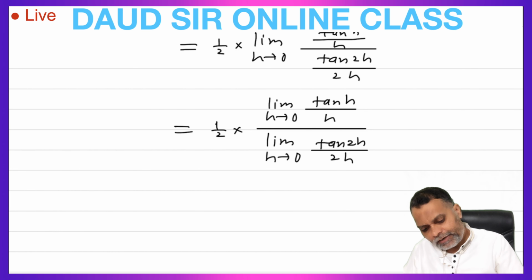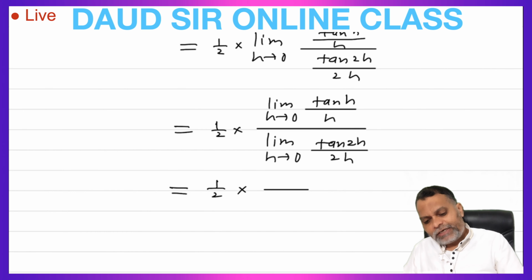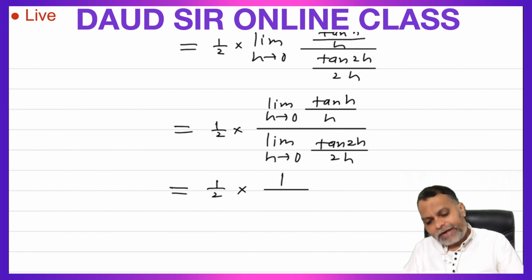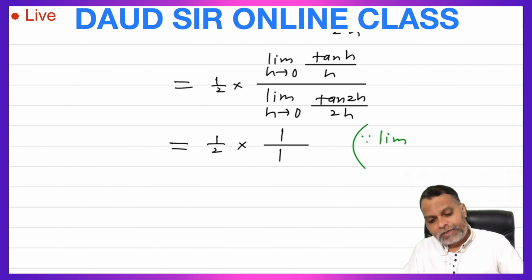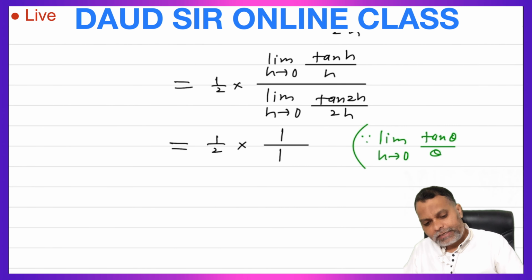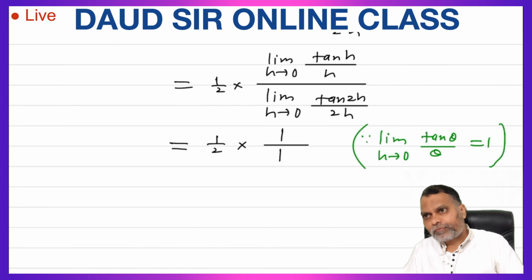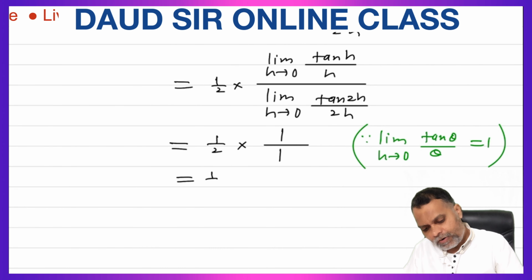So we can apply the limit: 1 upon 2 into limit h tends to 0, tan h upon h is 1, and limit h tends to 0, tan 2h upon 2h is also 1. By this formula, since limit h tends to 0, tan theta upon theta is equal to 1, this is equal to 1 upon 2.